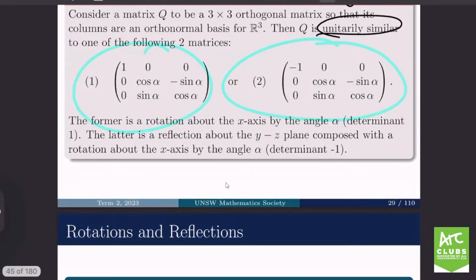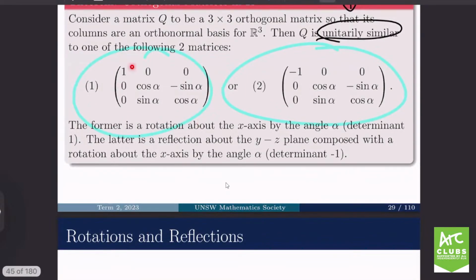If you look at this matrix, we see that this is actually a rotation about the x-axis by angle alpha, okay? And this one is a reflection about the YZ plane composed with a rotation about the x-axis. This has determinant equal to 1, and this has determinant equal to -1.